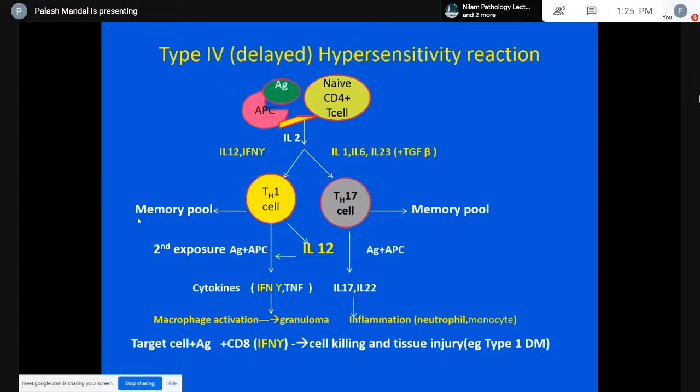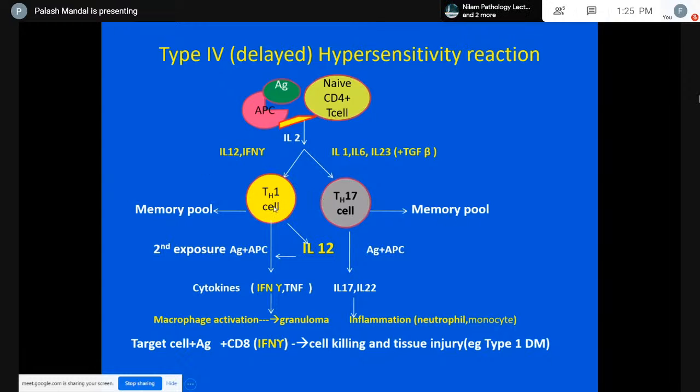The memory pool are the players who are sitting on the bench. Whenever a player who is playing has an injury, the player on the bench comes as a replacement. So the memory pool acts something like that. This is the same for both these sets, the memory pool.